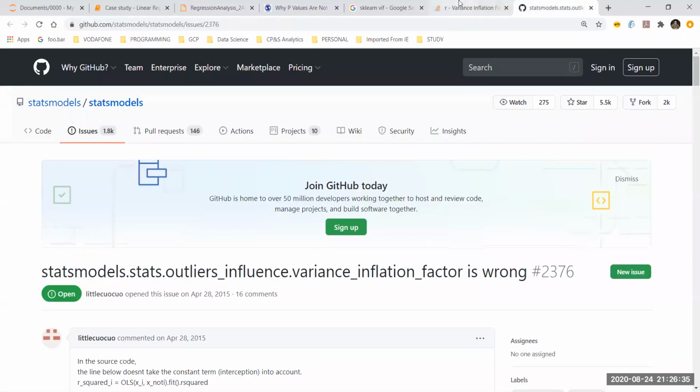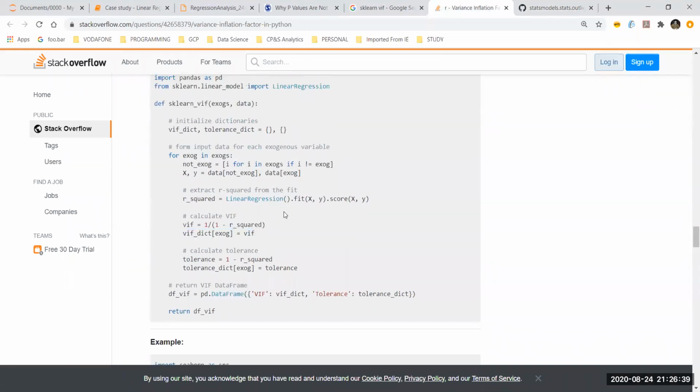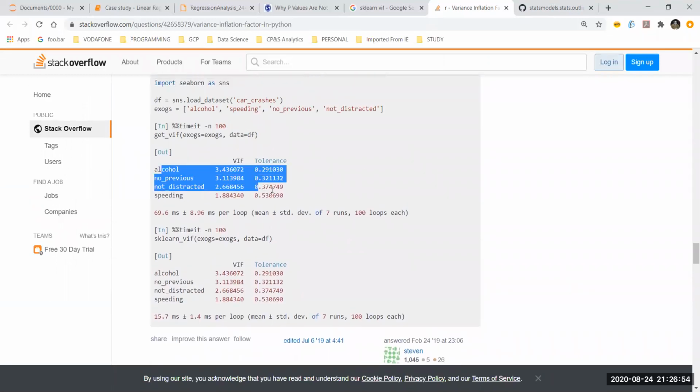So this is one way in which we can calculate it. As you see, within the data itself, it first fits the model, gets the R squared, and then calculates the VIF for each and every variable. If you look at the output, for each and every feature it gets the VIF.